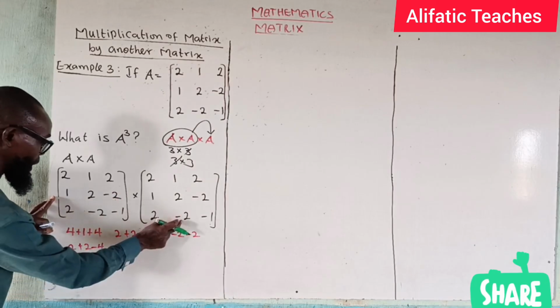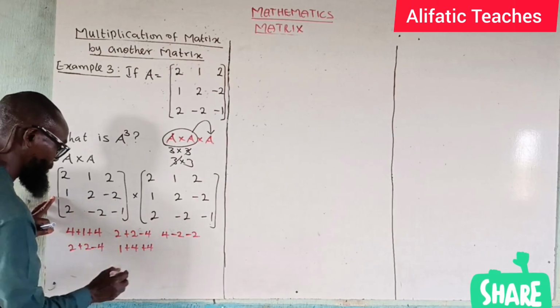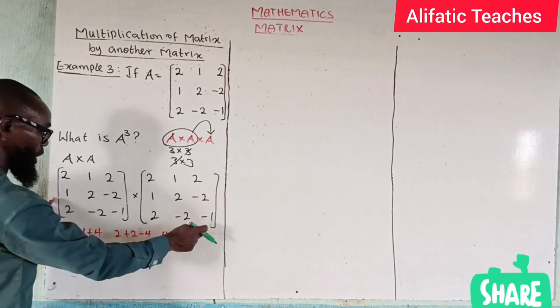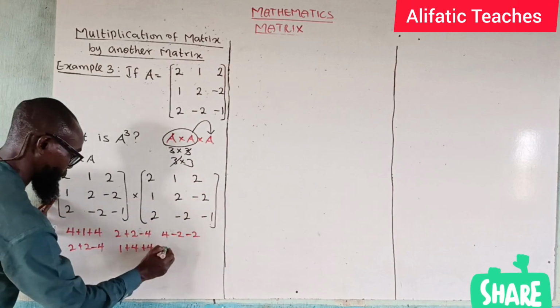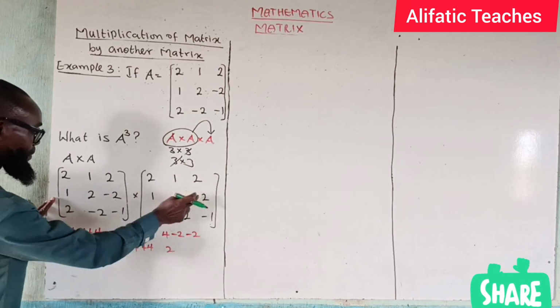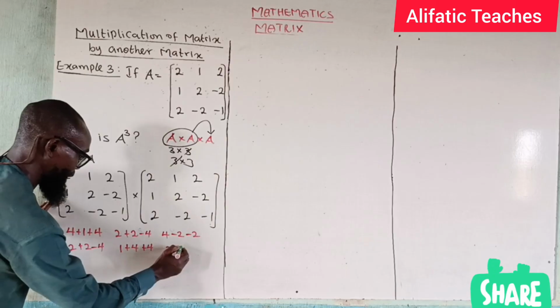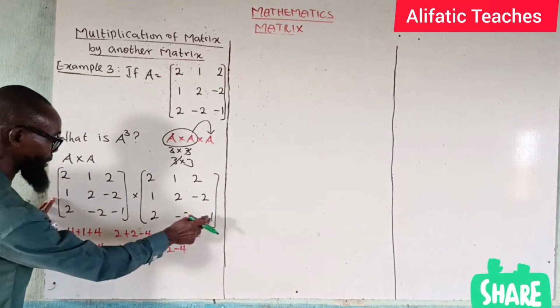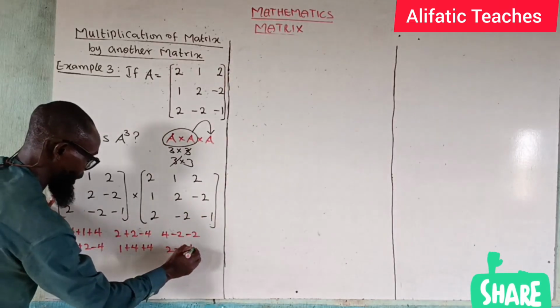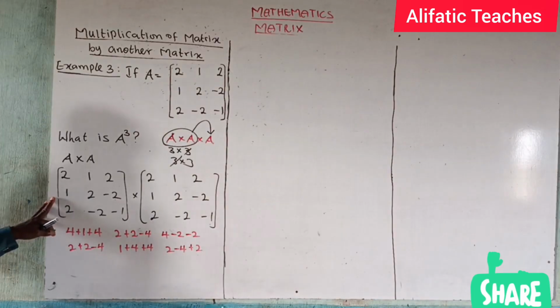Minus 2 times minus 2, plus 4. Okay? Second row, third column. 1 times 2, 2. 2 times minus 2, minus 4. Minus 2 times minus 1, that is plus 2.